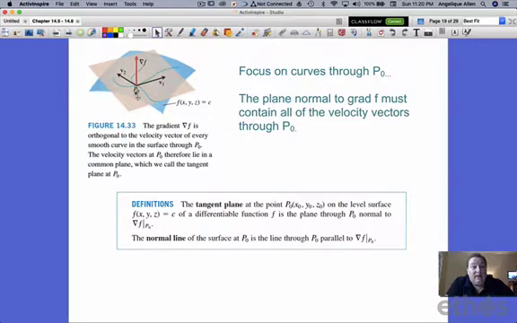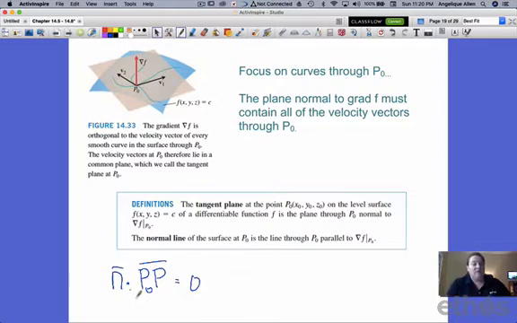P naught. If you'll recall, the equation of a plane is always going to be the normal vector dotted with P naught P. This was our generic definition, equals 0.